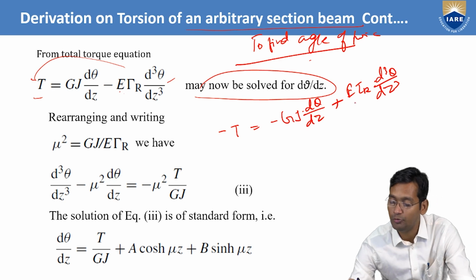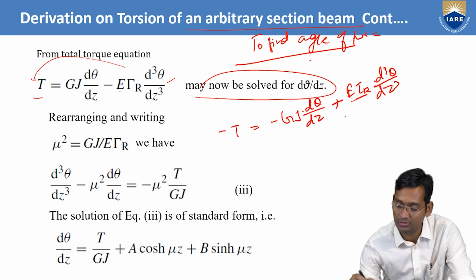Now what we have to do is make the coefficient 1. So we just divide by this one.